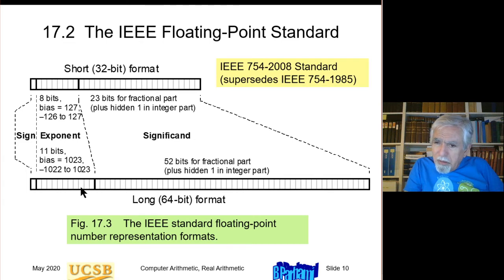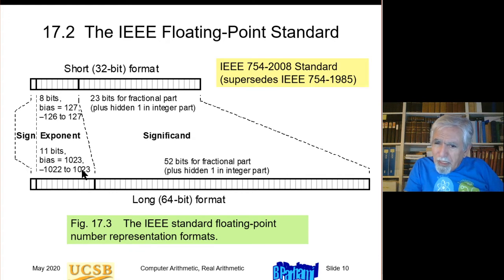Okay, now the 64-bit format has a wider exponent field, 11 bits, with a bias of 1023. The most negative exponent value is -1022, which is encoded as 1 after adding the bias.